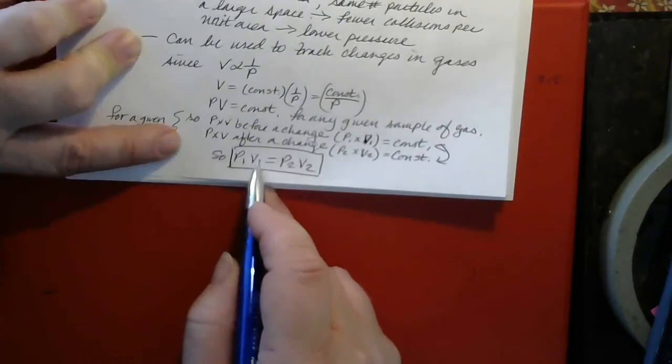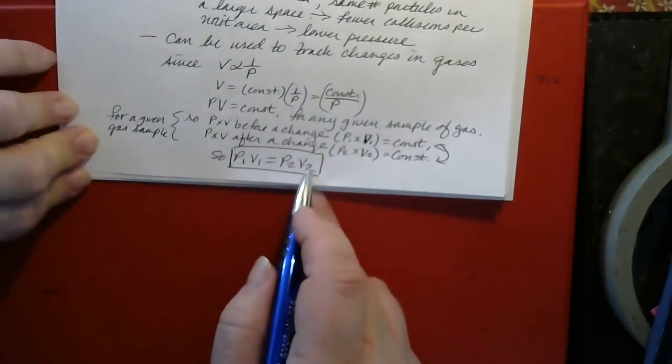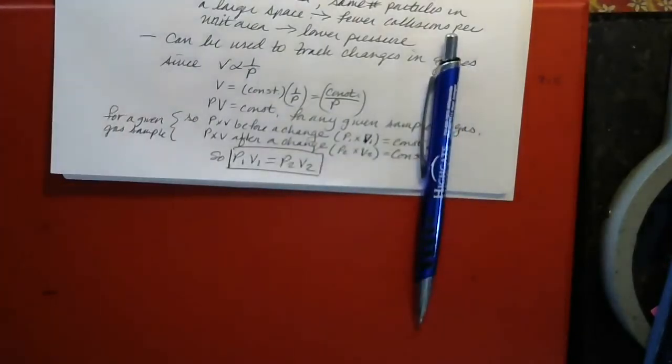That is, pressure times volume for a gas sample before a change will be equal to the pressure times the volume of that same gas sample after a change.